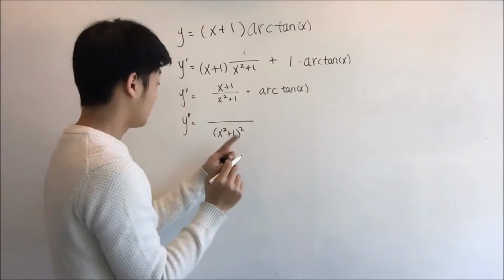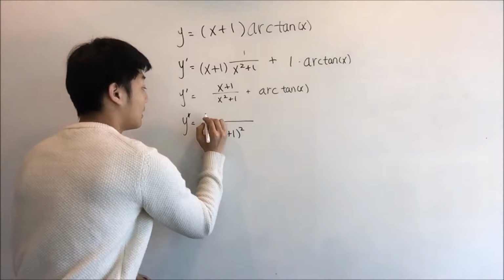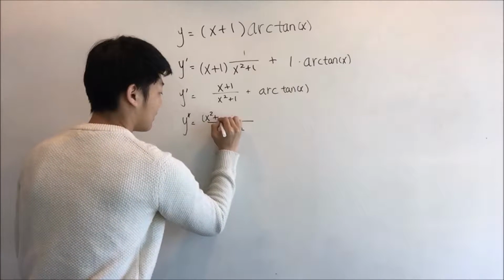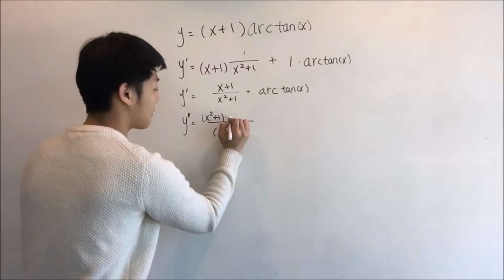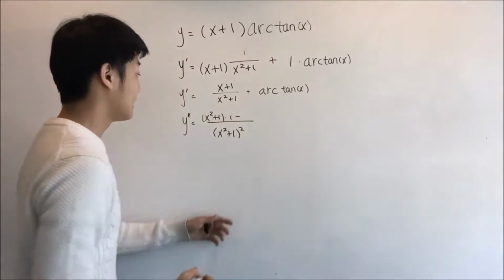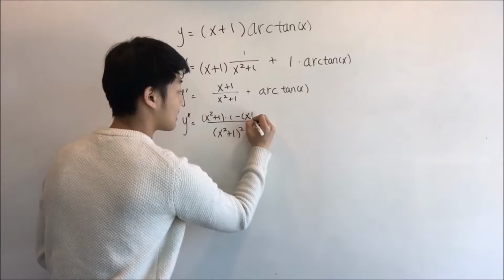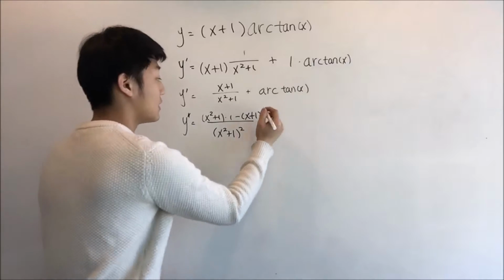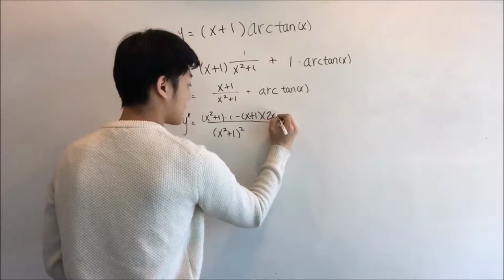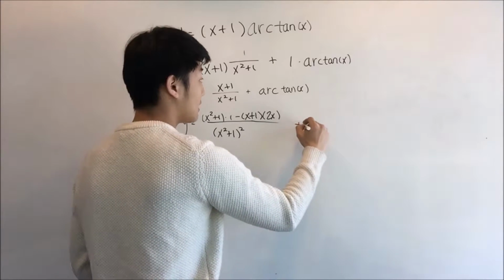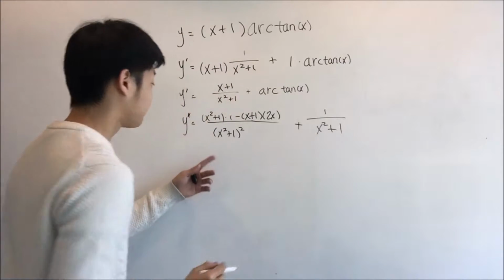Low d-high, which is low stays the same, x plus 1, low d-high, which is the derivative of the high, so we times 1, minus, now the opposite way, so this stays the same, x plus 1, and now we differentiate this, it will be 2x, plus, again, x squared plus 1.